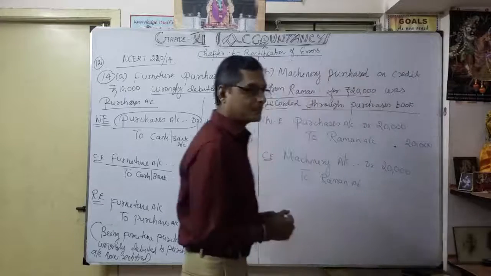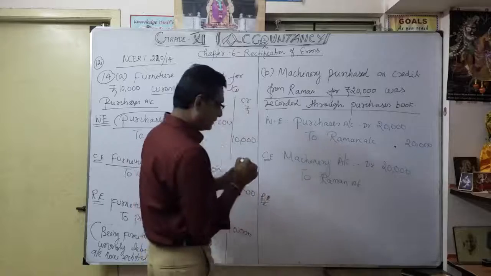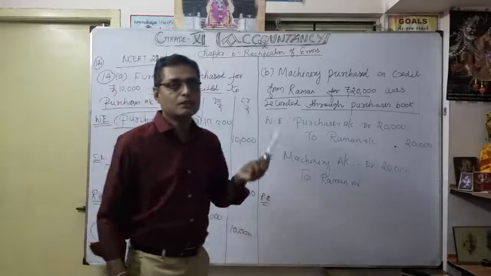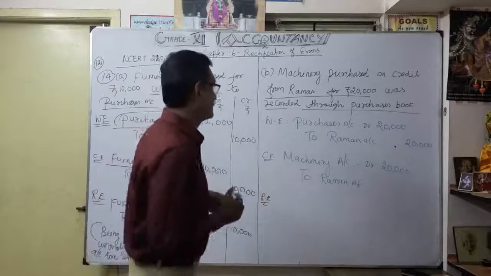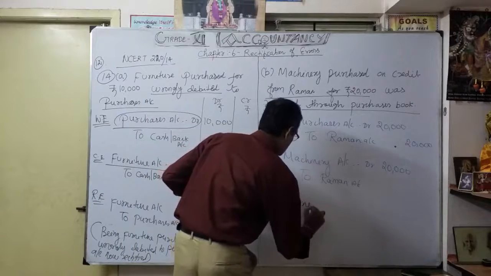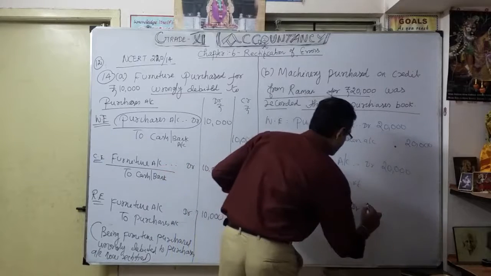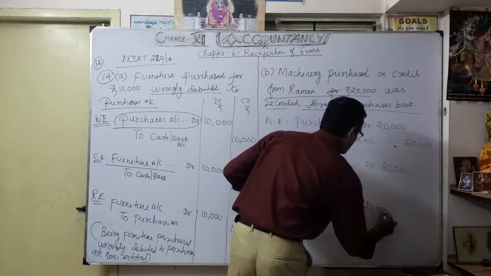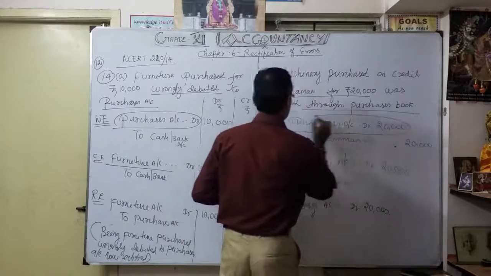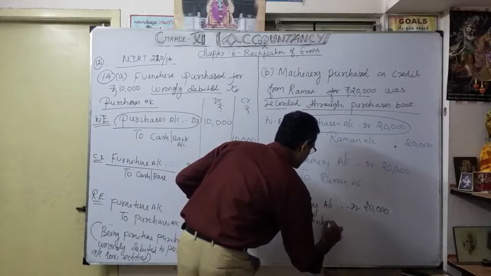Now, what is the rectification entry? Now you know the rectification entry very well. You are supposed to debit machinery account instead of purchase account. That's why I make it machinery account debit 20,000, and to purchases account, make it credit now.